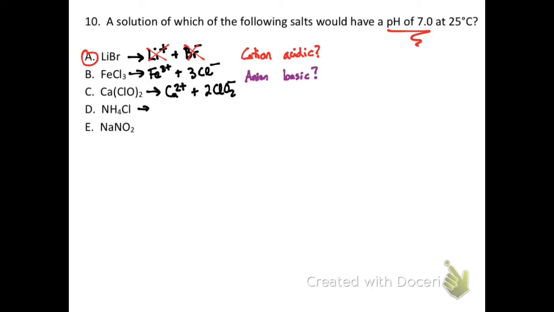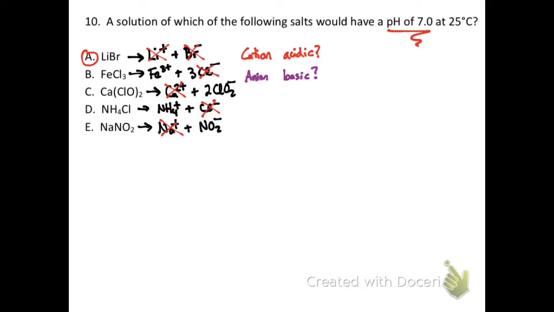NH4Cl, ammonium chloride, would turn into NH4+ and Cl-. And then finally, NaNO2 would turn into Na+ and nitrite, NO2-. So if we go through and identify these, Cl- is negligible, Ca2+ negligible, Cl- negligible, and Na+ is negligible.